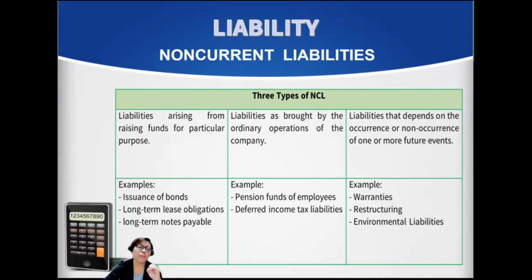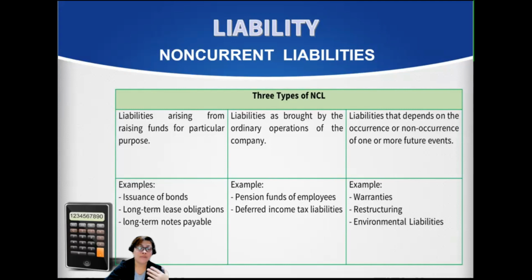Then we also have the real estate mortgage payable, an obligation secured by the real property of the company, which is payable beyond a year. We have chattel mortgage, an obligation where the liability is secured by movable assets such as a vehicle, machine, or equipment.